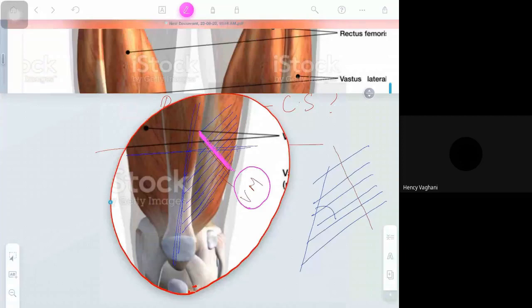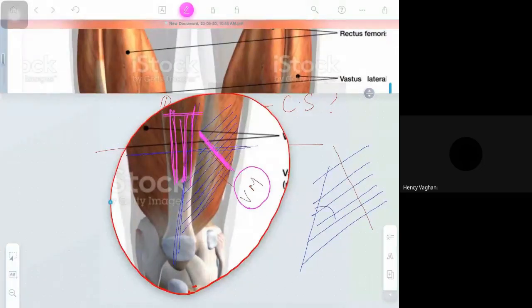And what is next? Rectus femoris. Rectus femoris is a deeper muscle and vastus intermedius is the superficial muscle. So you will make the section of the muscle in this direction because the muscle is running like this.